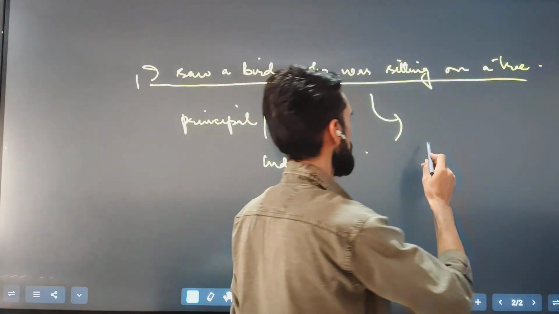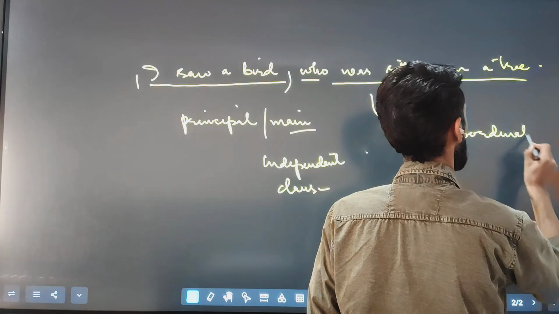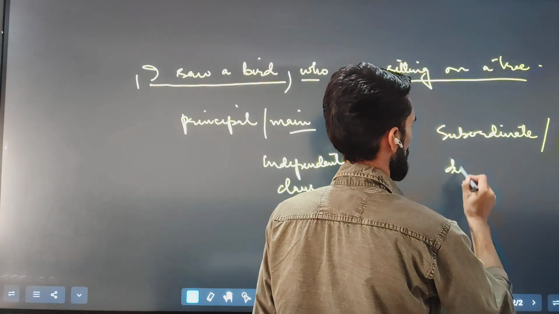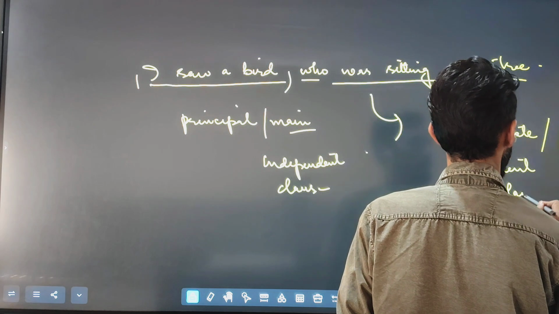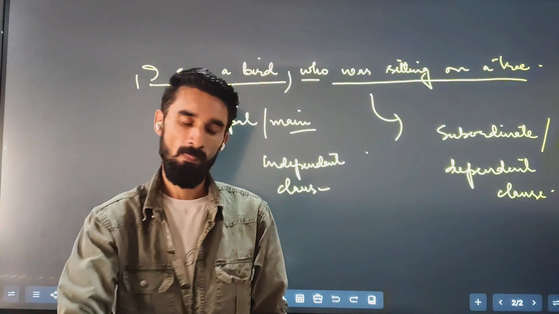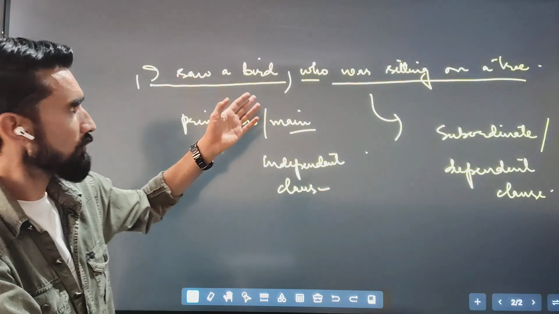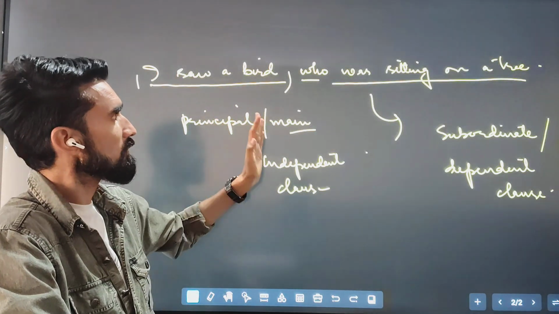And the other one can be called a subordinate or dependent clause. The first clause used here is an independent clause. It is the principal clause.